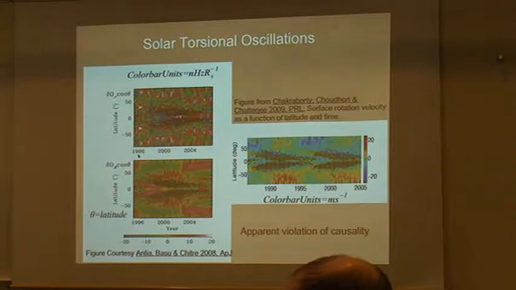260 nanohertz rotation. But in this previous work, what I'm talking about again is the problem with high latitudes, where results are completely unreliable. It's just extrapolation. You cannot trust this.